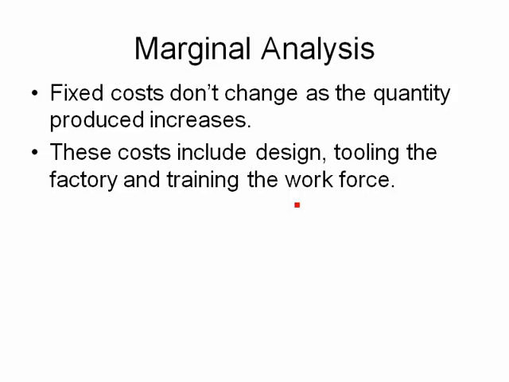Fixed costs are things like the cost of insurance or the cost to keep a night watchman at your plant. Even if you're not producing anything, you're still going to have insurance, and you're still going to have your night watchman. These things might also include design for a product, tooling the factory, or training your workforce.